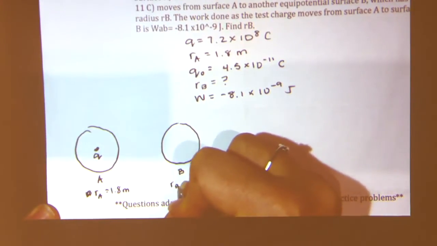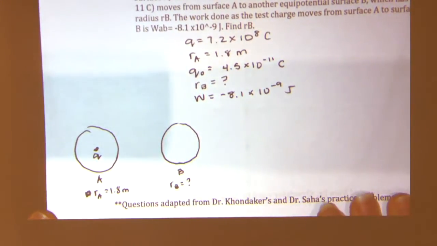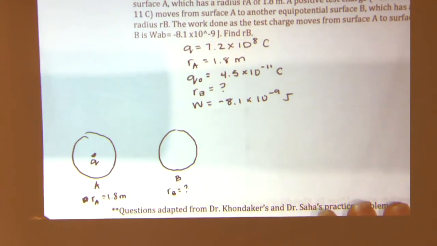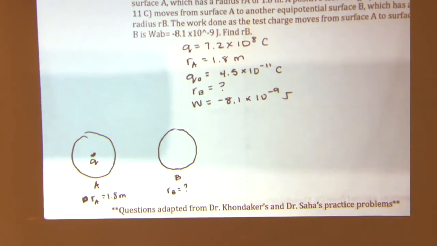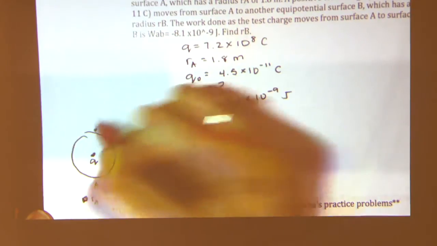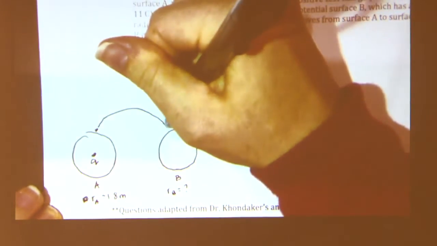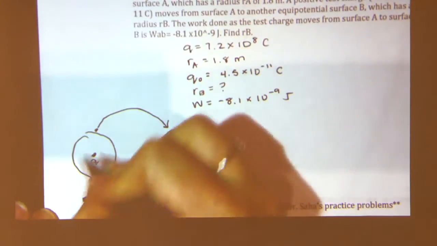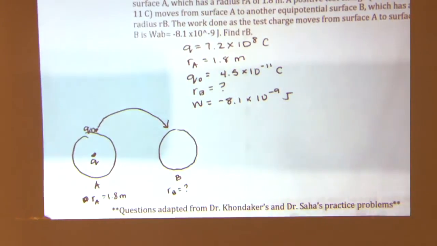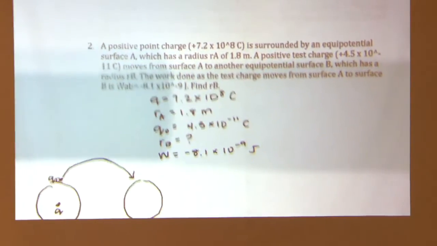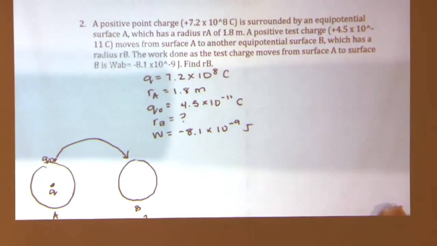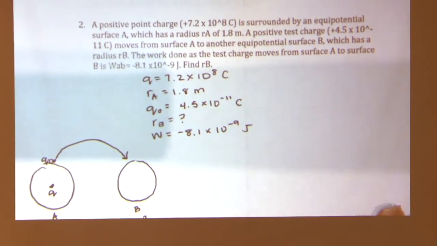We're looking for RB. So now we have this test charge going from surface A to surface B. So that's kind of just a picture of what's happening.